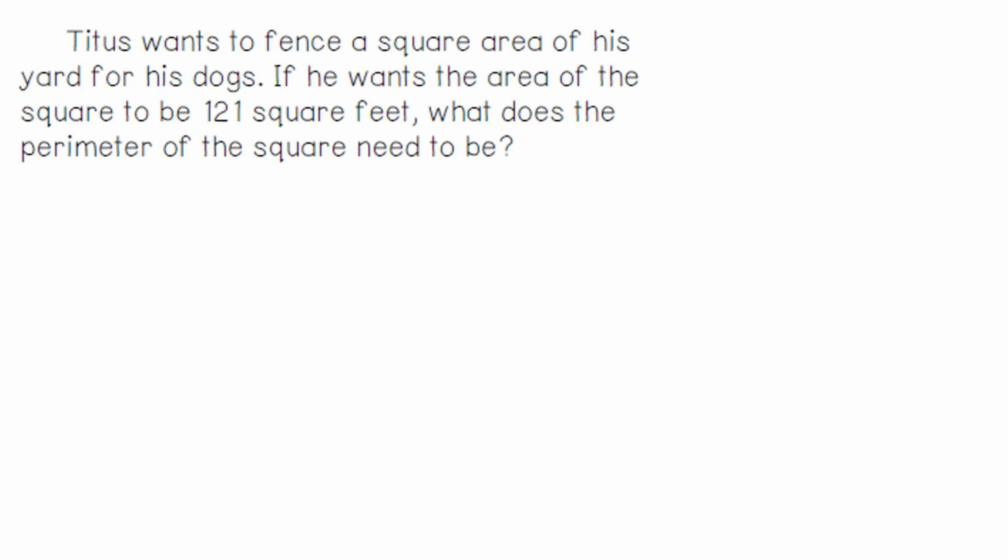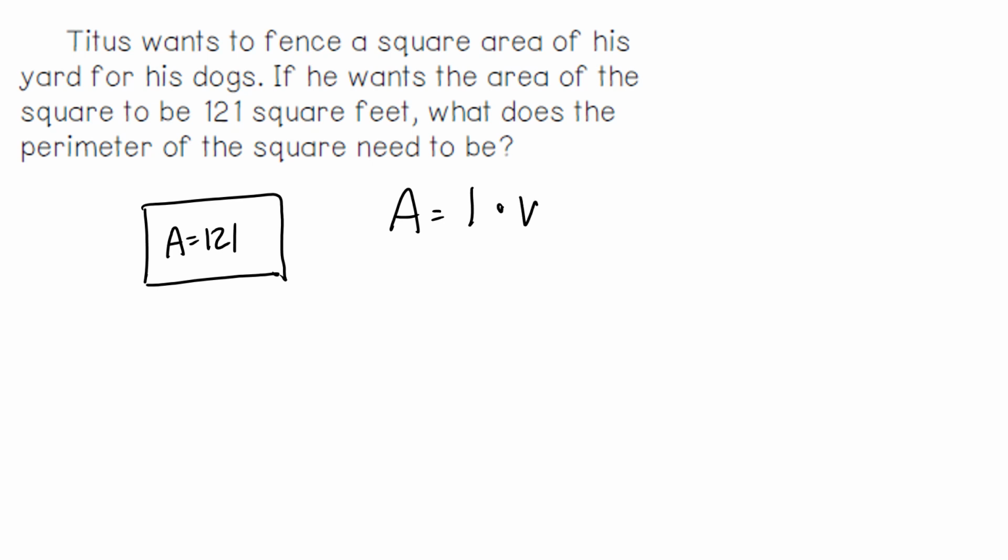Titus wants to fence a square area of his yard for his dogs. If he wants the area of the square to be 121 square feet, what does the perimeter of the square need to be? So again, our area is 121. And so we need to figure out what are our length and width. What are we going to multiply by to get 121?